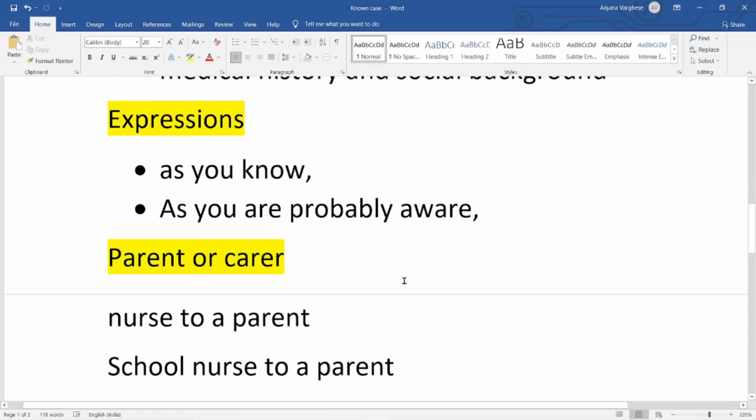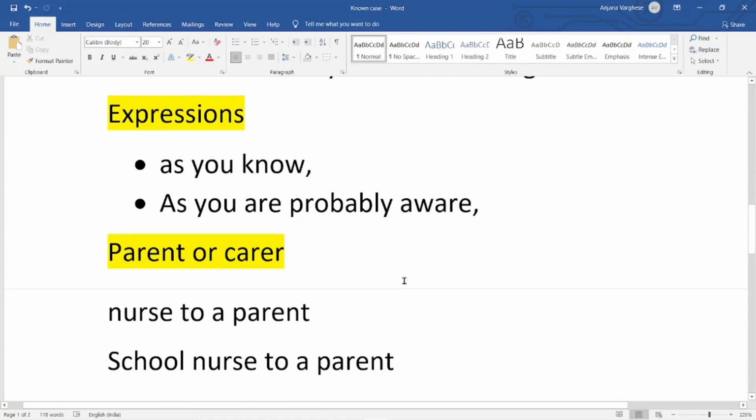Now come the expressions to use. One is "as you know", another is "as you are probably aware". If you want you can use these expressions, no problem with that. But I personally feel they are more useful for speaking. "As you know" is a common phrase which students often use.